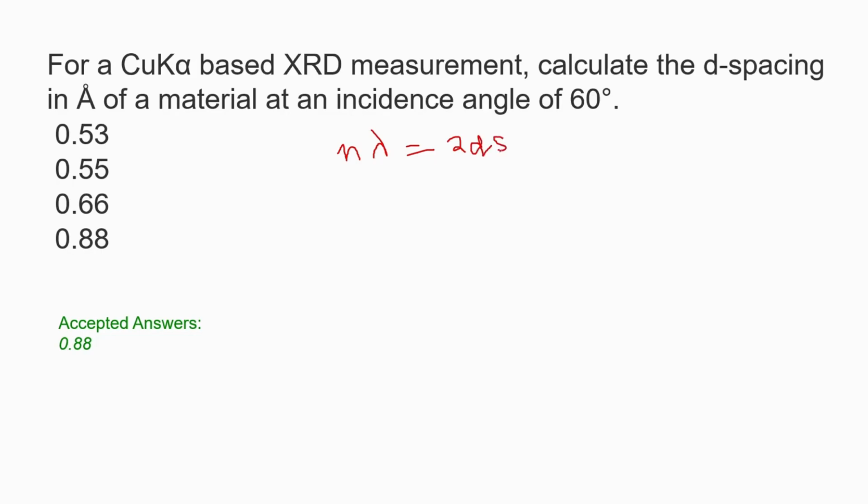Here n is just an integer, so we'll consider this as 1, and lambda is fixed, that is 1.54 angstrom.